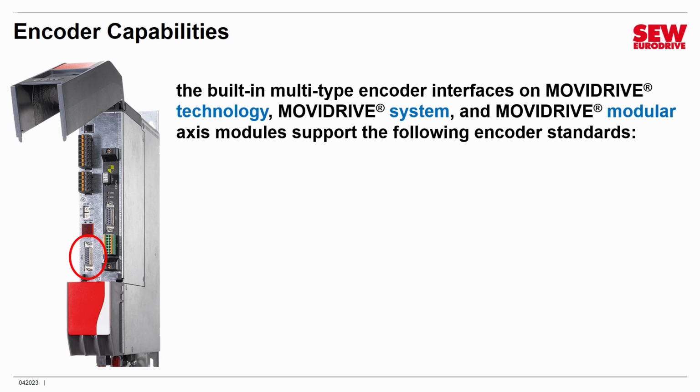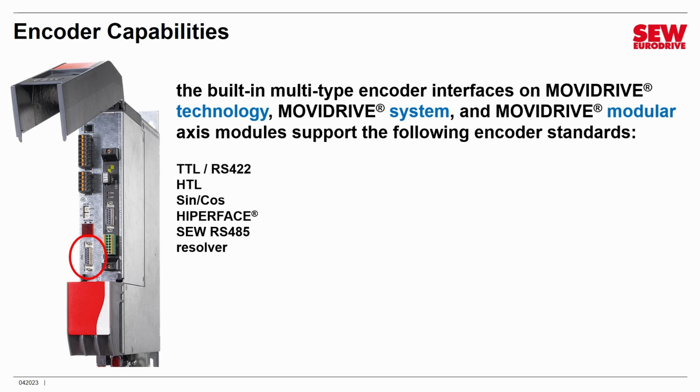And the nice thing is there are many encoder standards out there where they communicate using different protocols and wiring connections. Our encoder interface supports multiple encoder types, and here are the standards that the built-in one supports. We support TTL RS422, we support HTL, we support sine cosine, we support the proprietary brand Hyperface, we support SEW's RS485, which is similar in functionality to Hyperface, although it is not Hyperface.